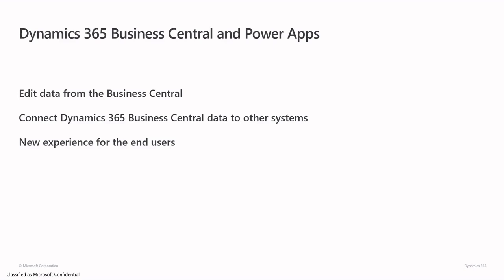We can also use one of the, I think, 250 connectors to connect our Dynamics 365 Business Central data with other applications. We can also give our users a new experience.